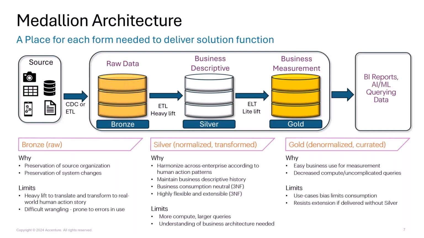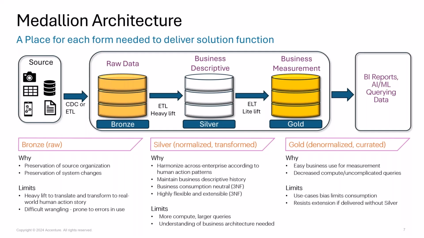So the architecture has the gold tier, because the gold tier is really all the things that the silver isn't, but it's also none of the things that the silver is, right? Because its design form is also limited. It's easy to use for business measurement with decreased query complexity and compute.